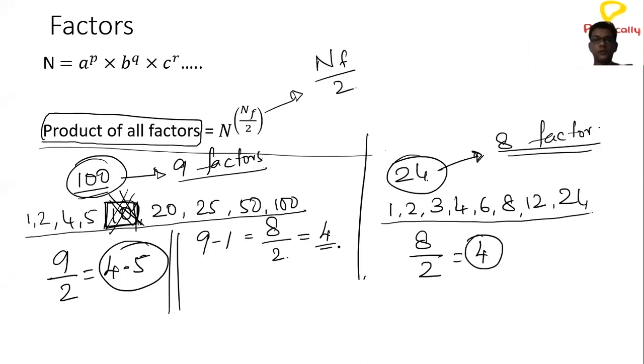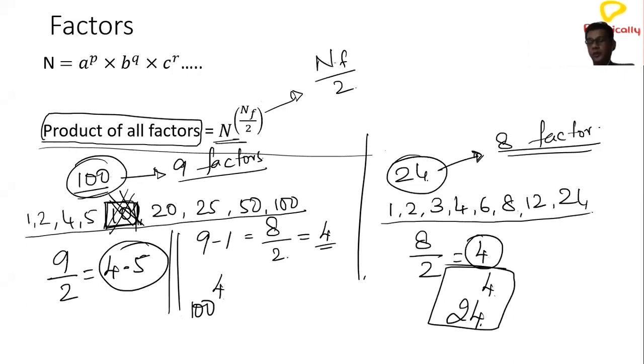Yes, it is easy for me to divide this by 2. So now when I multiply the factors, what should I get? I should get the number, which is 100, to the power of number of factors divided by 2. That is to the power of 4. Okay? In the right hand side case, what should be the product? 24 is your number to the power of 4.